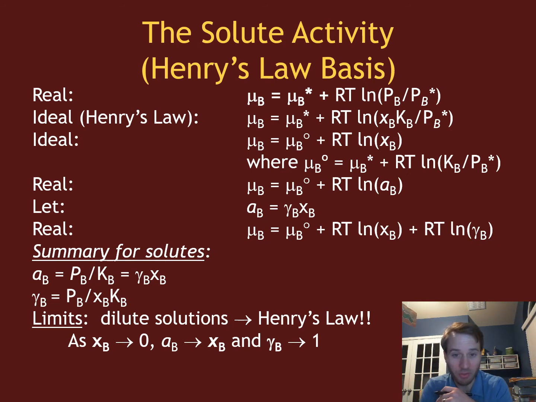So for solutes, those obey Henry's law. Solvent obeys Raoult's law, solutes obey Henry's law. So this ratio of pressures relates to the mole fraction of the solute times the Henry's law constant, KB, divided by P star.